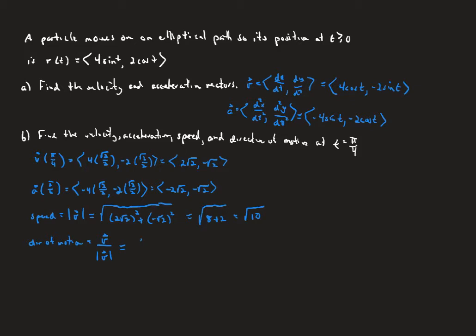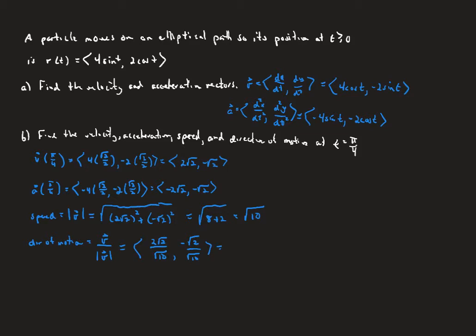So we are going to take our velocity vector, which was 2 square root of 2, divided by the speed, which was the square root of 10, comma, and then negative square root of 2 over the square root of 10. Of course, in the AP world, that would be acceptable.